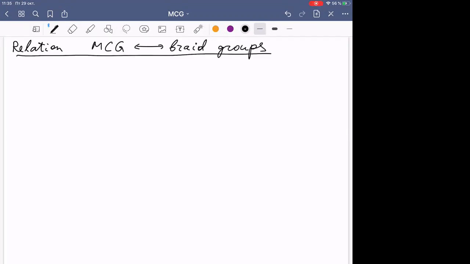To start, today's lecture will be mostly on the relation between mapping class groups and braid groups. First of all, I would like to start with more detailed information on braid groups.